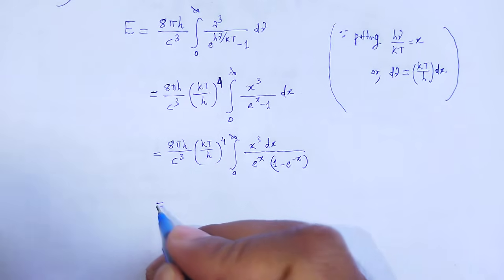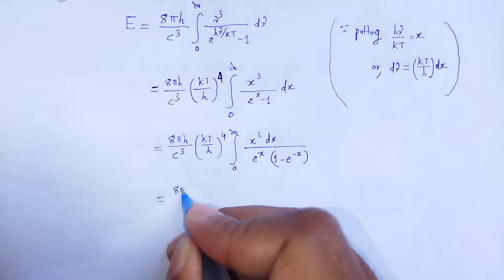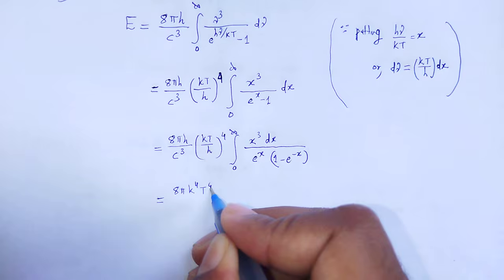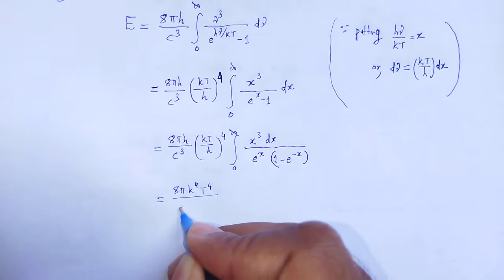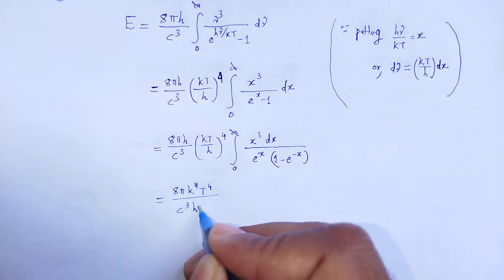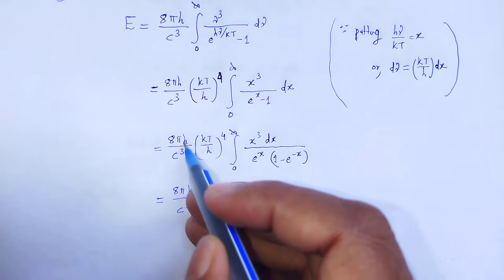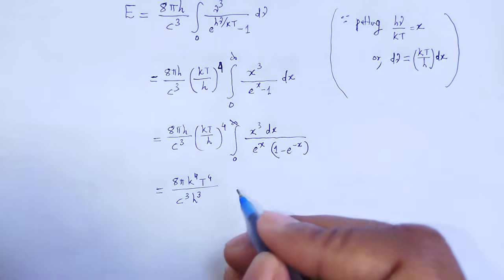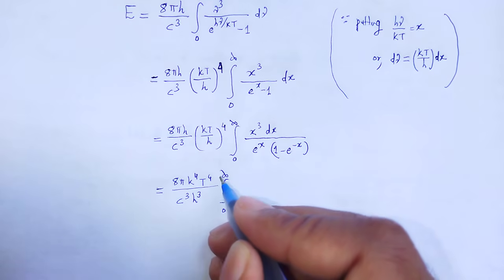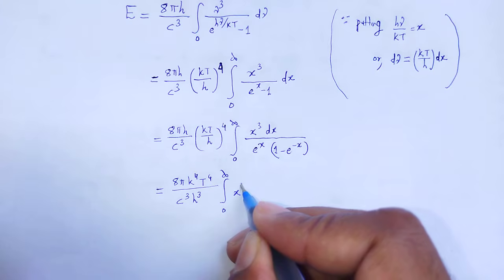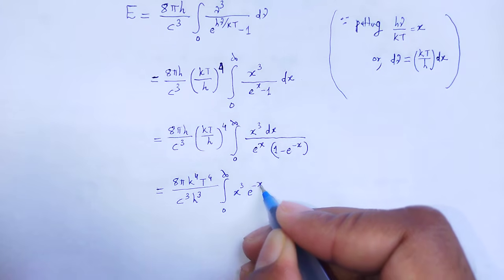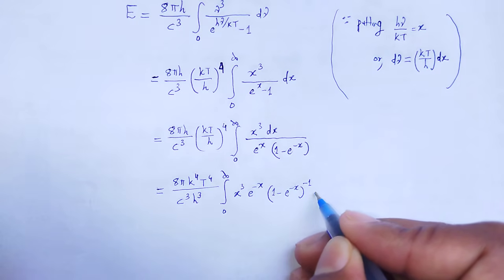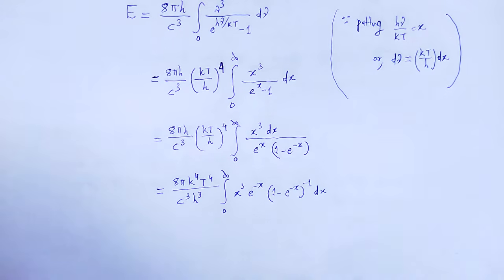Is equal to 8 pi k to the power 4th t to the power 4th divided by c cube, h cancelled out, that is h to the power cube, 0 to infinity x cube e to the power minus x, 1 minus e to the power minus x to the power minus 1, dx.